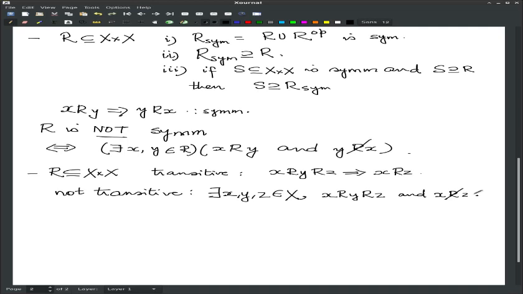But the problem over here in this case is, it is a process. So on the first level you find a triplet x, y, z, so that x and y are related, y and z are related, but x and z is not related. So you put that xz in that.